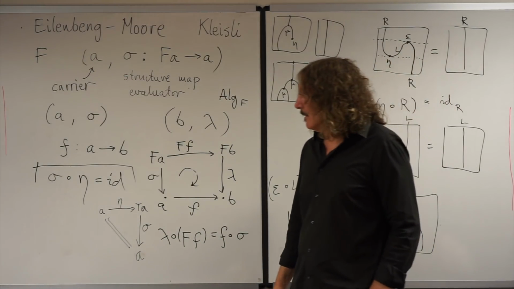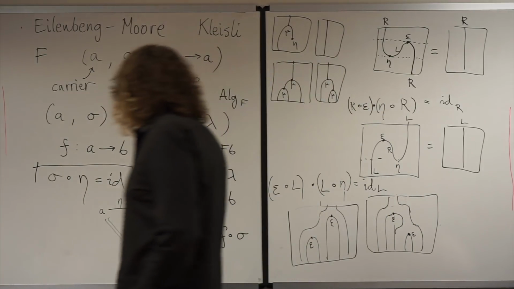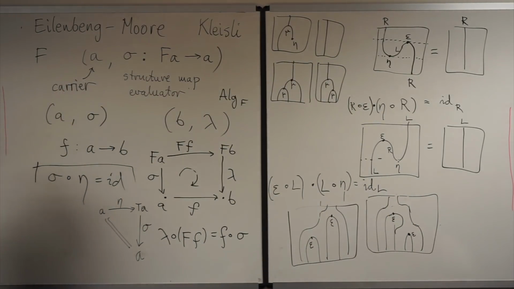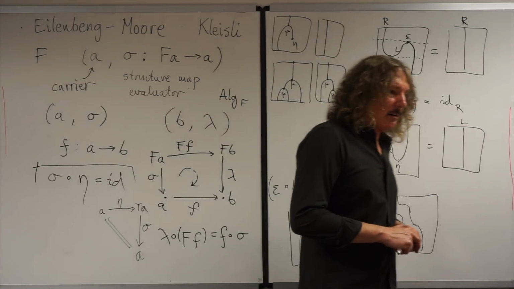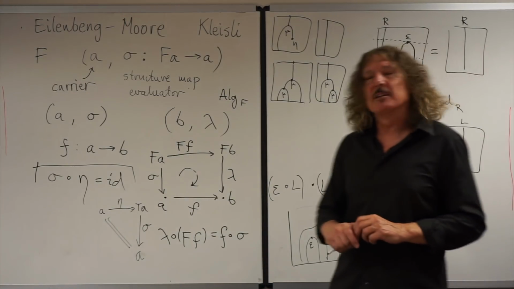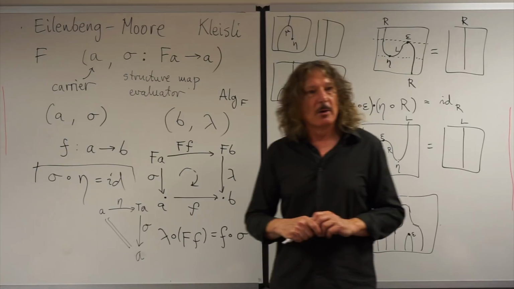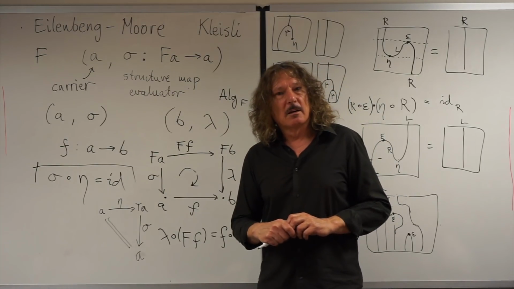What's the other condition? The other condition is, we also have this multiplication, and we want this multiplication in the monad to be compatible with evaluation.